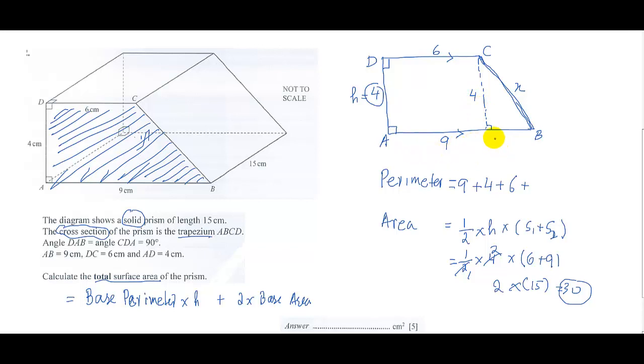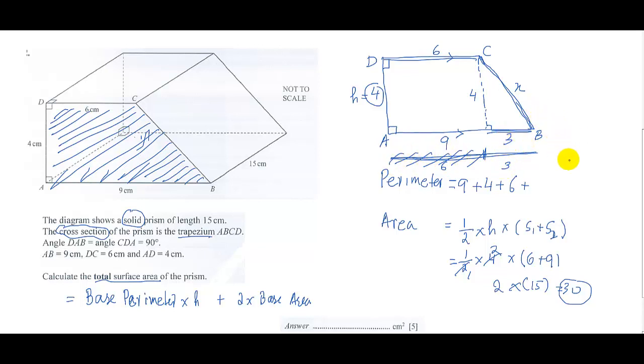Because this is 4, this will also be 4. And what about this length? This total length is 9, and this length is 6. If we remove this 6 from the 9, we will have 3. So this length is 3.